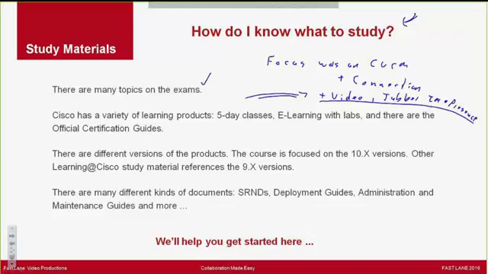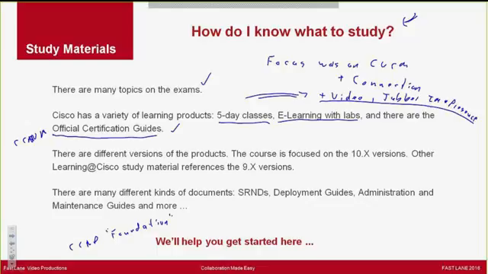Cisco has a variety of learning products: 5-day classes, e-learning with labs products. There are official certification guides, that's what they're called for CCNA. Sorry, for CCNP, they're called Foundation Learning Guides.